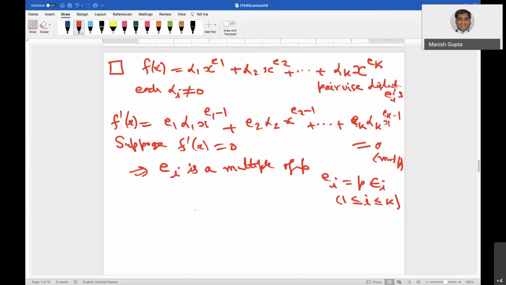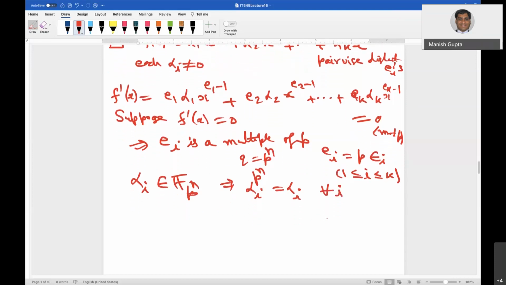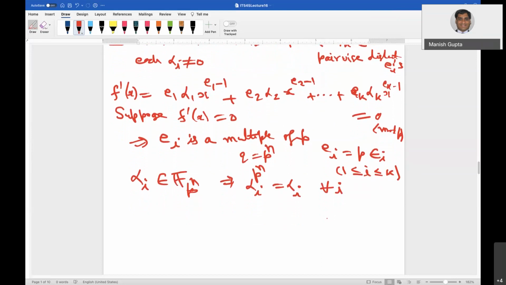Now, alpha i is an element of F_{p^n}, means Fq, right? q here is p raised to power n, I have assumed it. This implies that alpha i raised to power p^n is equal to alpha i. Remember, every element of the finite field will satisfy this equation for every i. So I can substitute all these things together.